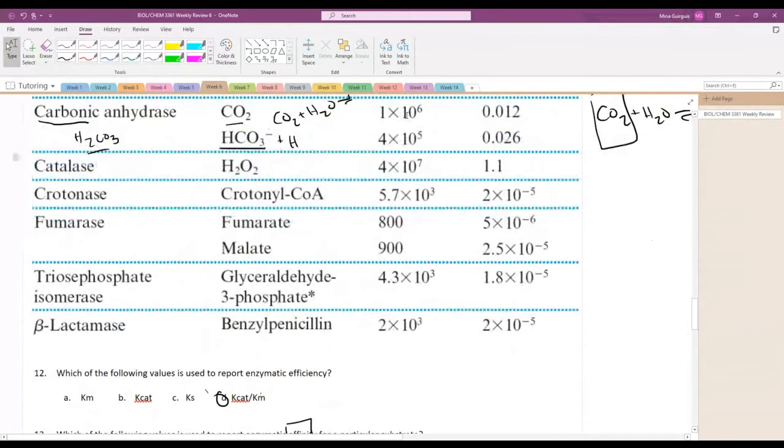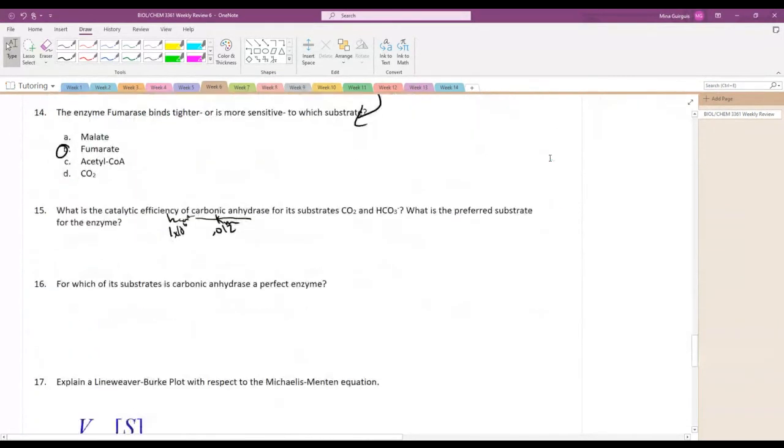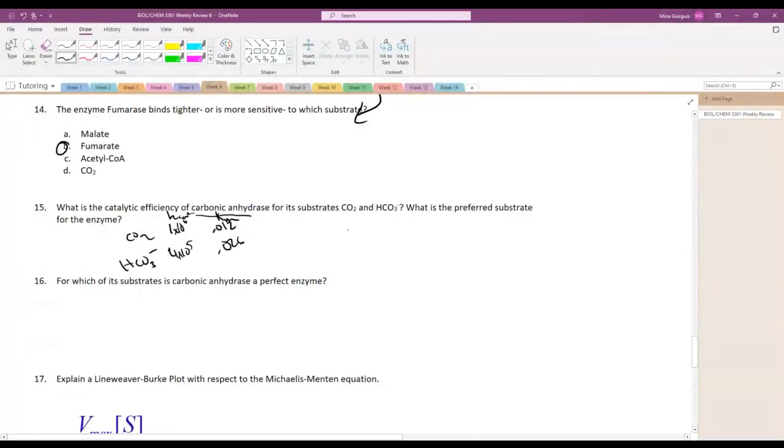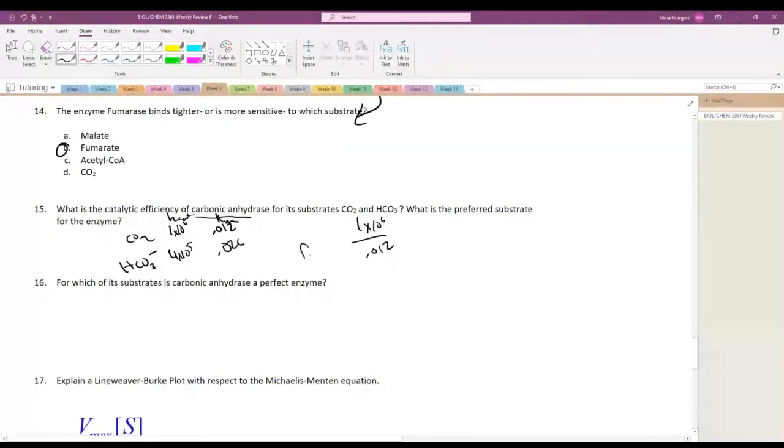And that one was for CO2. 4 times 10 to the 5th and 0.026, this was for HCO3 minus, okay? So the catalytic efficiency is 1 times 10 to the 6th over 0.012 for CO2. For HCO3 minus, it's going to be 4 times 10 to the 5th over 0.026, right? And we're gonna calculate that out.